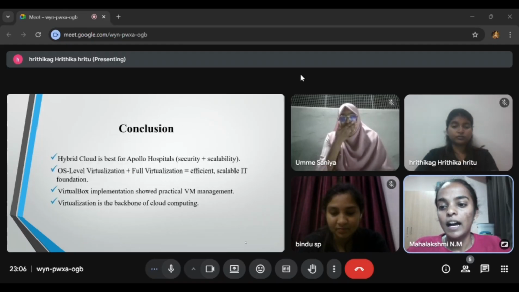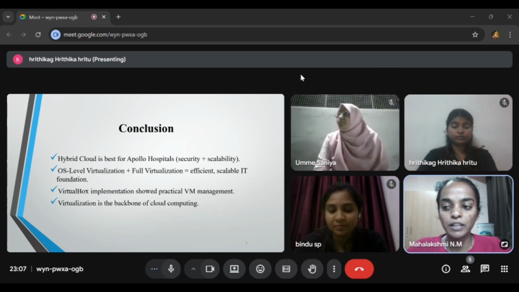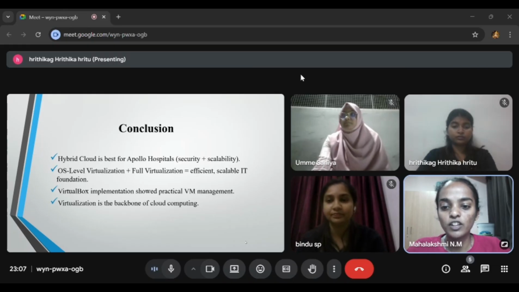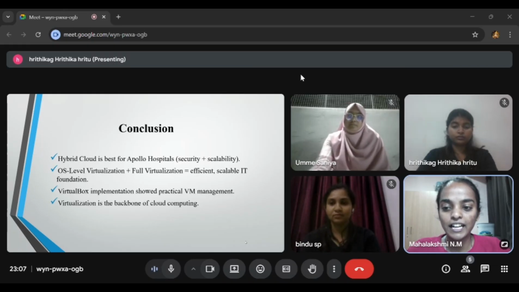Conclusion. Hybrid cloud is best for Apollo Hospital for security and scalability. The hospital combines private and public cloud for security, and we use both OS level virtualization and full virtualization for effective, scalable IT foundations.